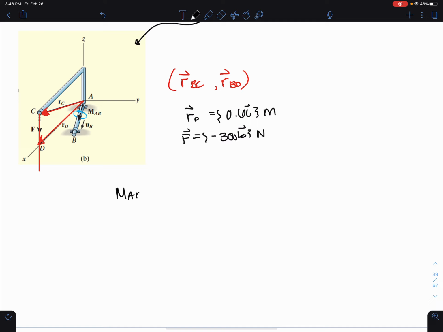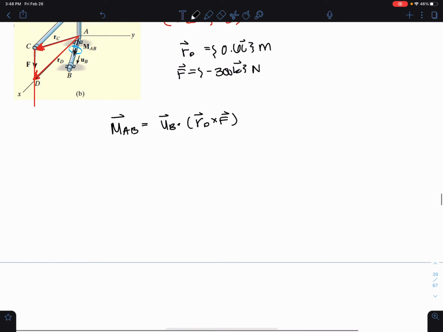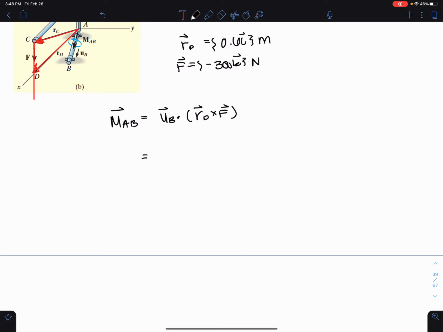So my MAB, the moment in the AB direction, is the unit vector at B dotted with R of D cross F. If I want to plug everything in now, I'm going to start with this cross product here: 0.8944, 0.4472, 0.6, 0, negative 300.